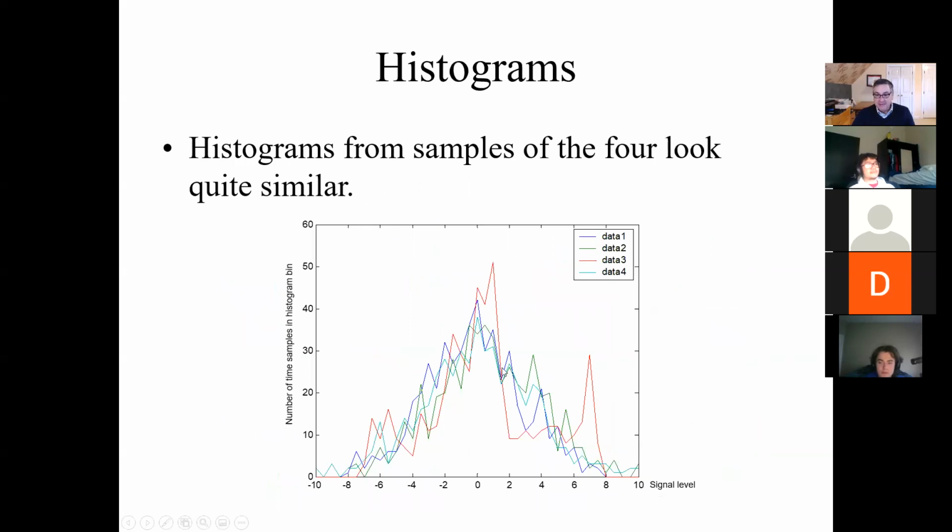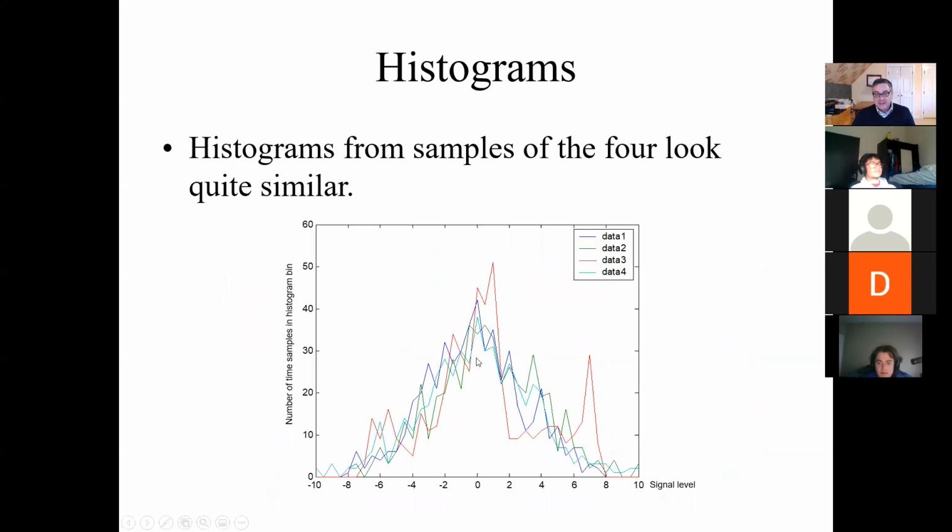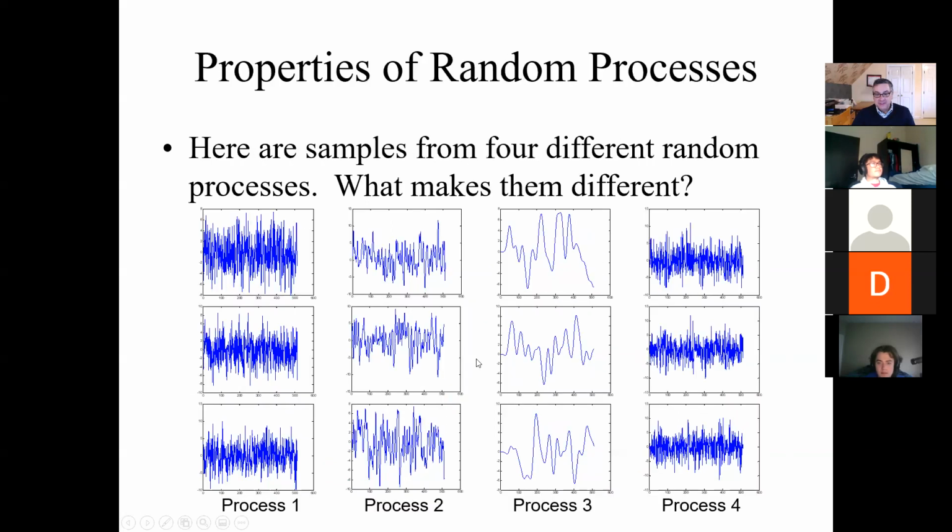I basically gave them all the same temporal properties, but they don't look the same. So the temporal statistics aren't giving us enough information. They give us some information, but they don't give us the distinctive information that describes what makes these look different.